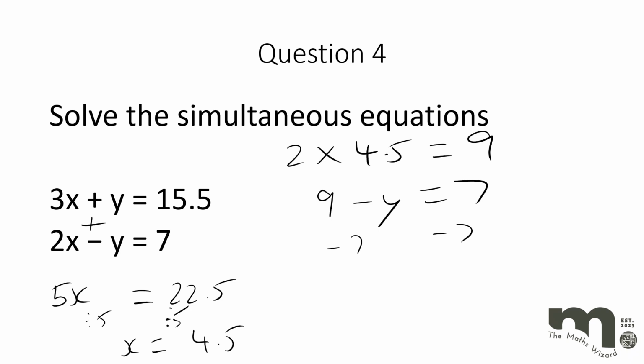So y is going to be worth 2 on this particular one. So let's pop it in the top. So 3 times 4.5 is going to be 13.5. And you can see the 2 also works with that top equation as well.